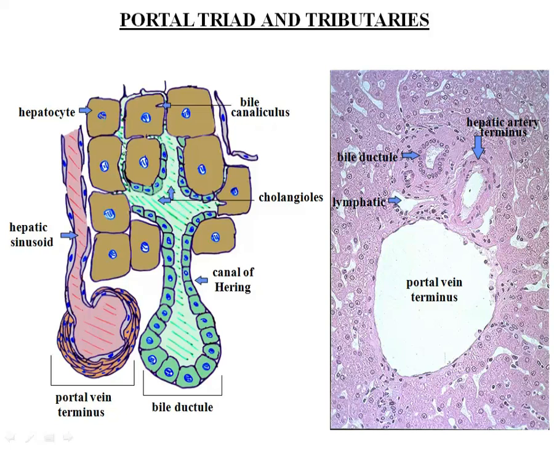In these gaps, this bile secretion takes place, and cuboidal epithelial cells line them, so they form the tube system here. These bile canaliculi come together and form larger bile ductules, and before the bile ductules, the tube is called the canal of Hering.